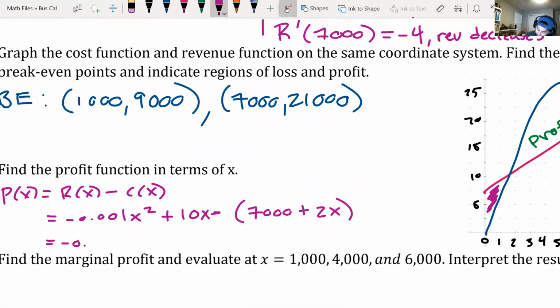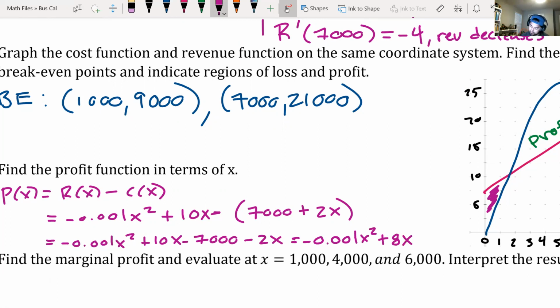Distribute that negative. And we'll get our profit function as negative 0.001x squared, and then 10x minus 2x is 8x, plus 8x minus 7,000. That's it. This is profit.